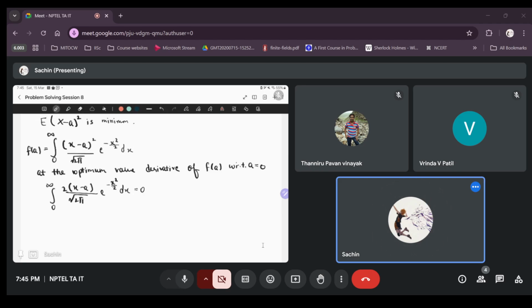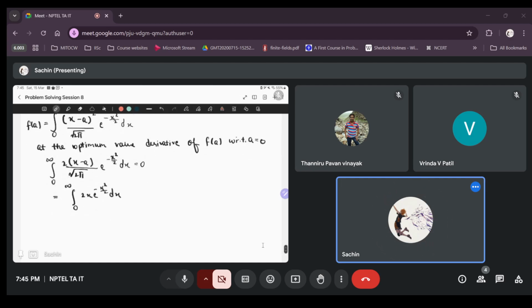Then you can split this integral into two parts, 2x e power minus x square over 2 dx, and the second part equals a.